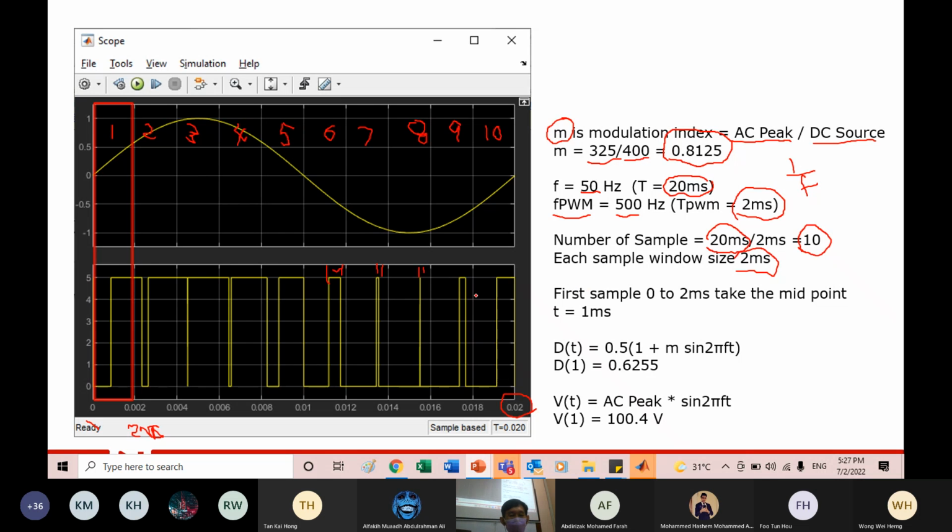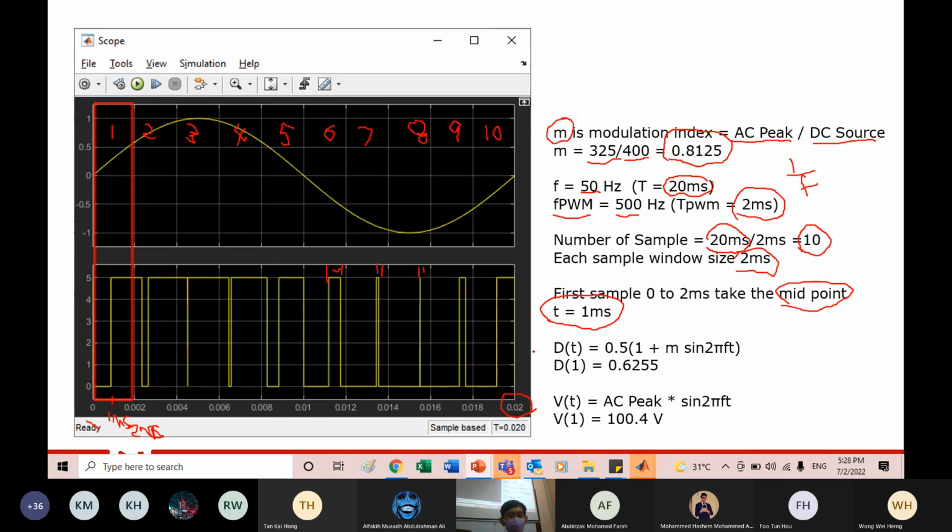First of all, the first piece is between 0 and 2 milliseconds, so we take the midpoint, the central point, which is 1 millisecond.